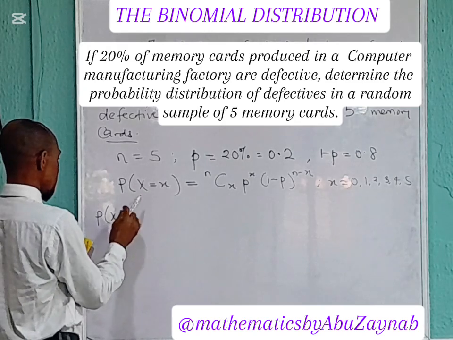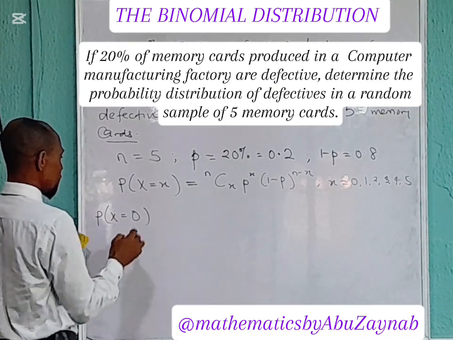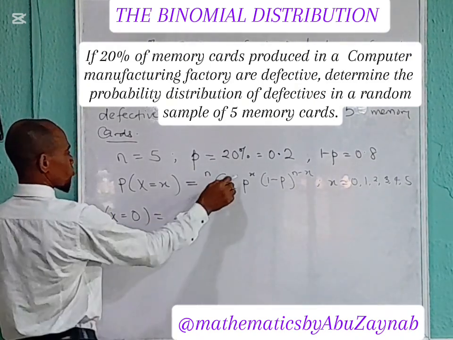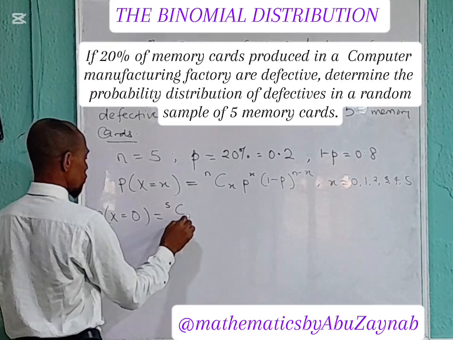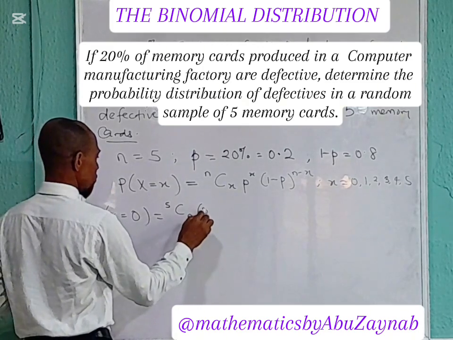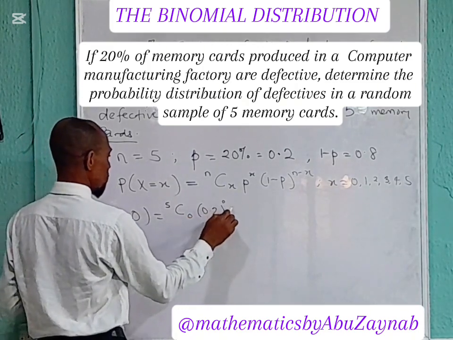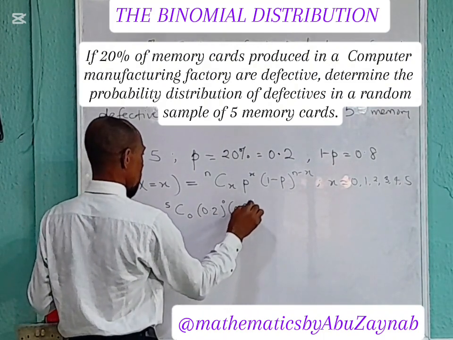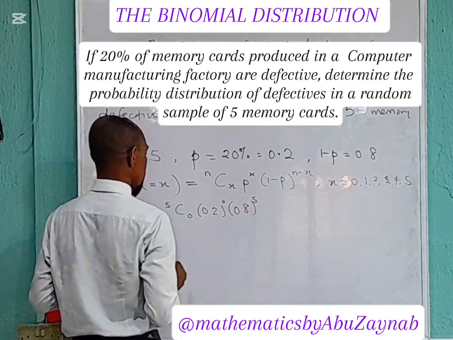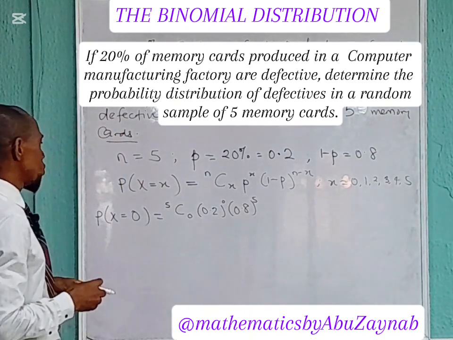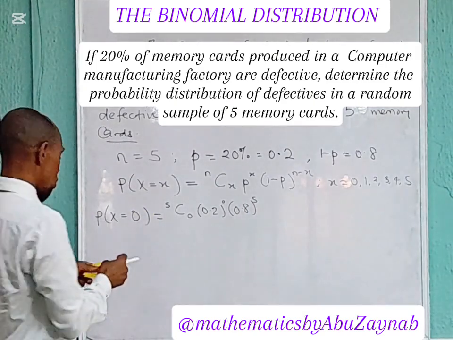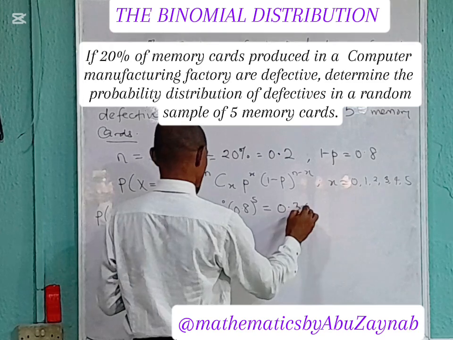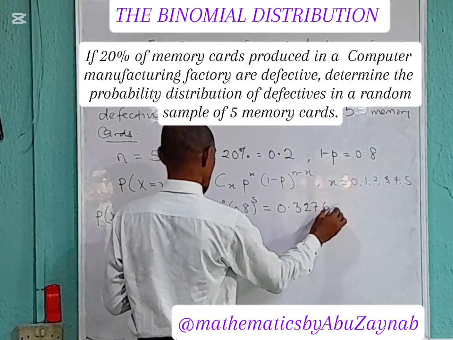To start with, the probability of x equals 0, because we start with 0, that is, 0 defective. That's going to become, just substitute n is 5, 5 combination 0, then p is 0.2, raised power 0, and 1 minus p is 0.8, raised power 5. When you compute in the calculator, you're going to have 0.32768.